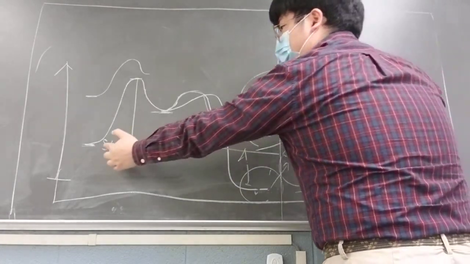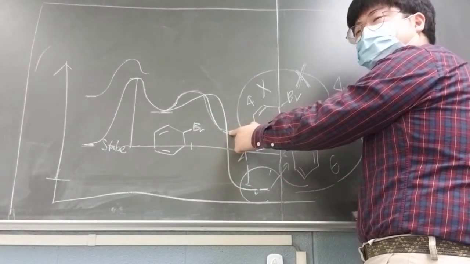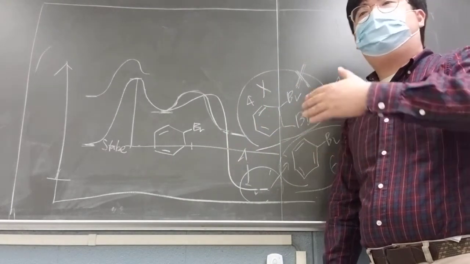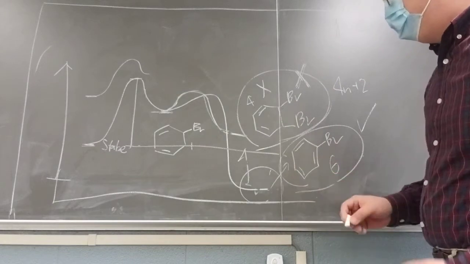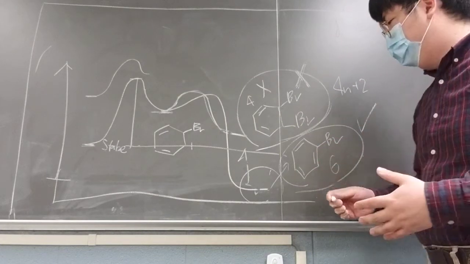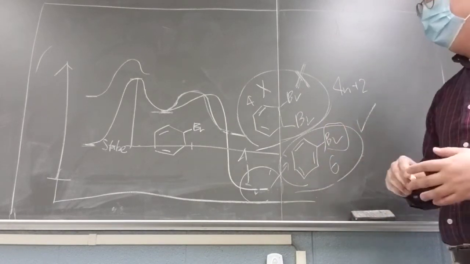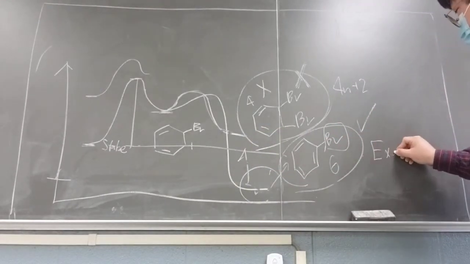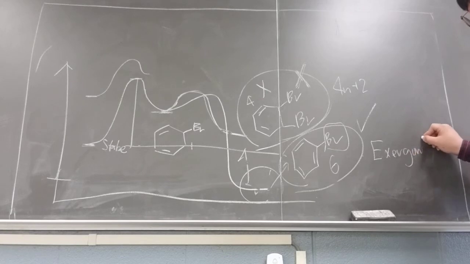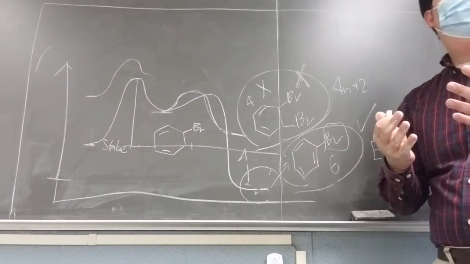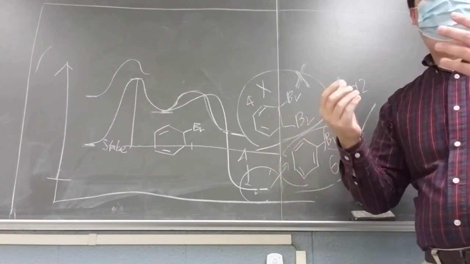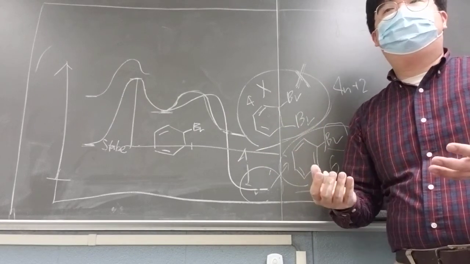So this is very unlikely to happen because it actually breaks the aromaticity of the compounds in the process. But this one still keeps the aromaticity, and you can still do the bromination, and overall this reaction becomes an exergonic reaction, which is more stable at the end in the product form. But this is not, because of the aromaticity you lose during the process.